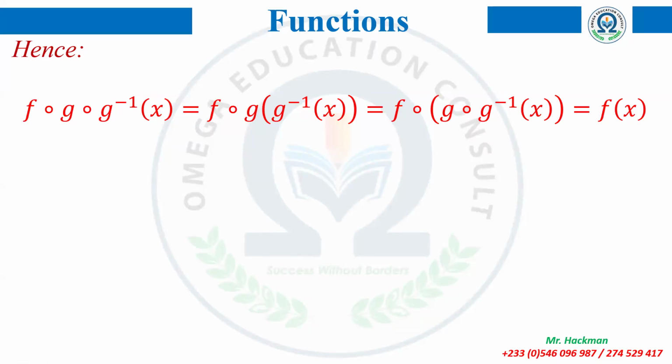Are you with me? Yes, please. Which we also said will be equal to f of g of g inverse of x. So f, you put this in brackets, that's what we have here. But remember, g of g inverse of x will give you what?